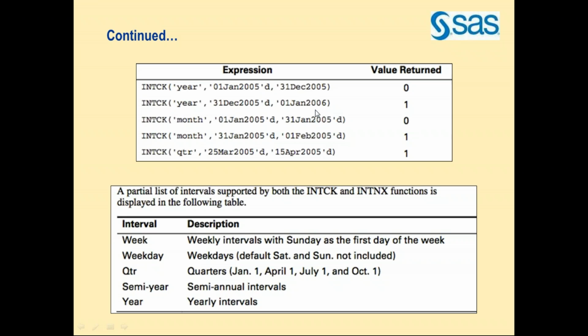Similarly, for these two dates, 31st December 2005 and 1st Jan 2006, there is a small typo over here, so this date should also come with a d. So it says though there is a difference of 1 day, there is also a difference of 1 year because the year has changed.